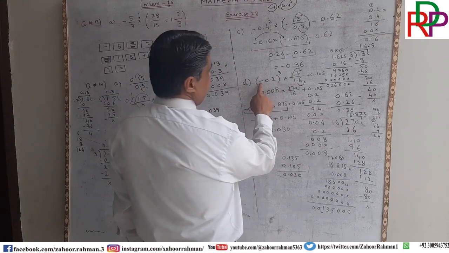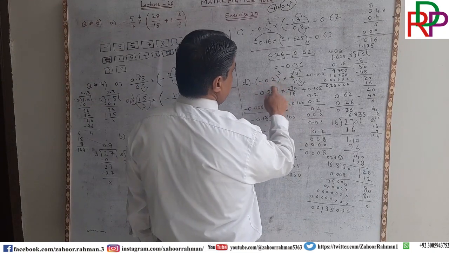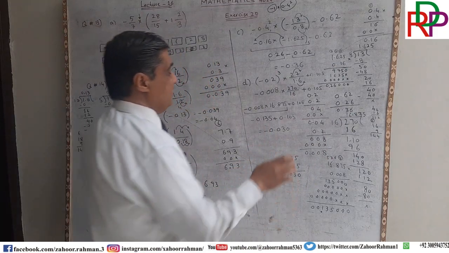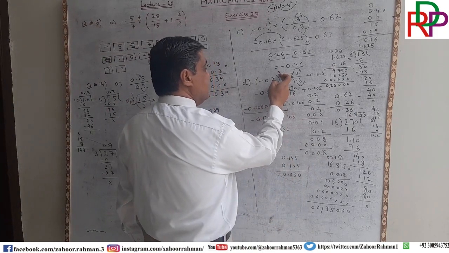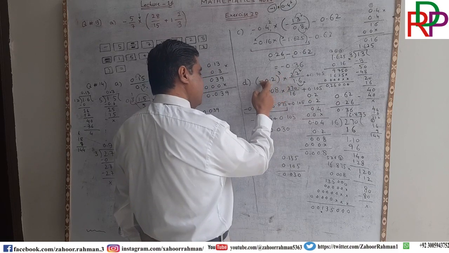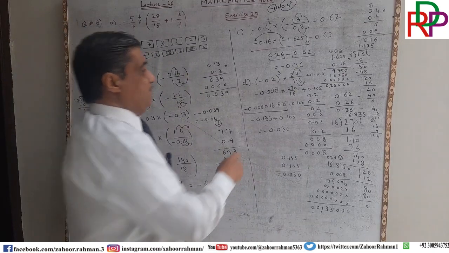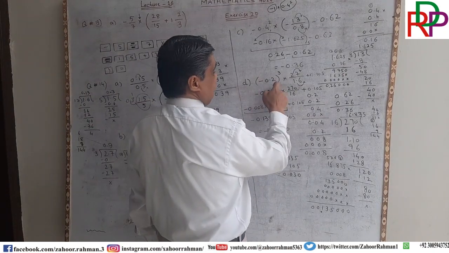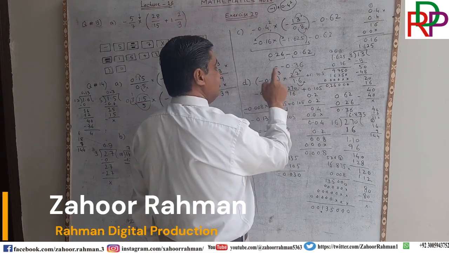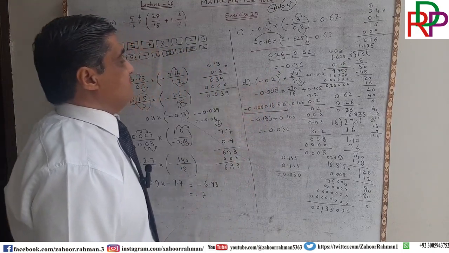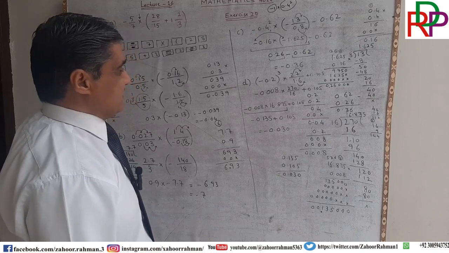The D part is saying minus 0.3 whole cube. Now in this particular case, you have to understand this cube is also the cube of this minus, because there are parentheses. If it wasn't there, then this 3 does not belong to this minus.